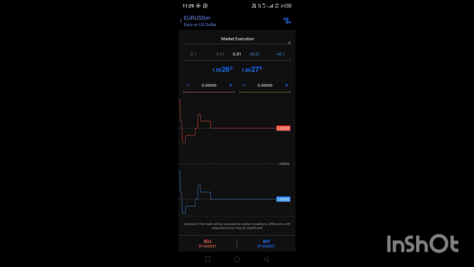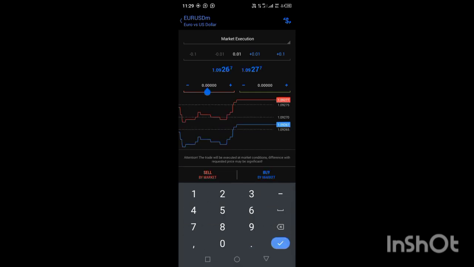I think I've explained that. For our learning, this lot size should always be 0.01. Then this red side is what we call our stop loss, and this part is our take profit in the market.